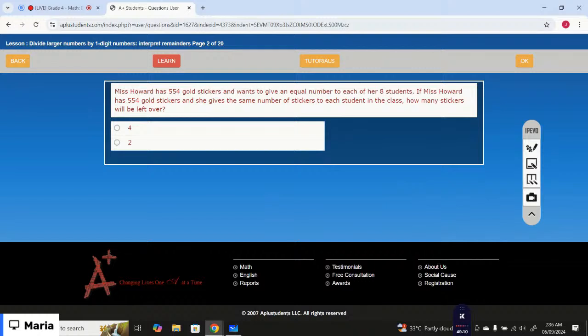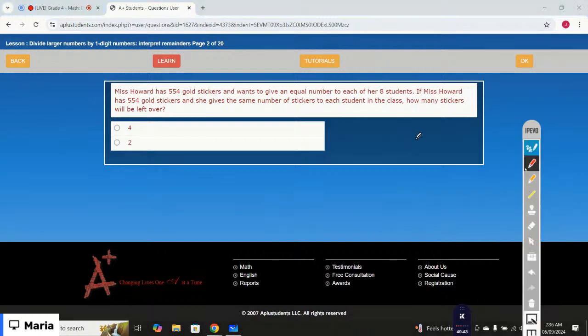You have to divide 554 by 8. Just divide 554 by 8 to interpret the remainder, right?